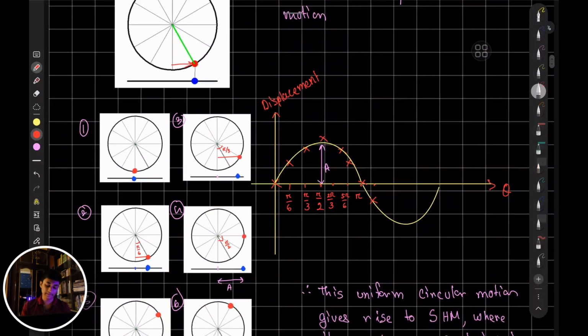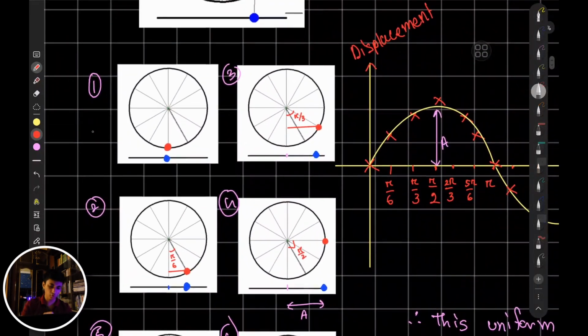So let's see, over here, when it is at the initial position, the red bob is starting right at the middle. If it's starting right at the middle, the blue bob is right in the middle of the line.